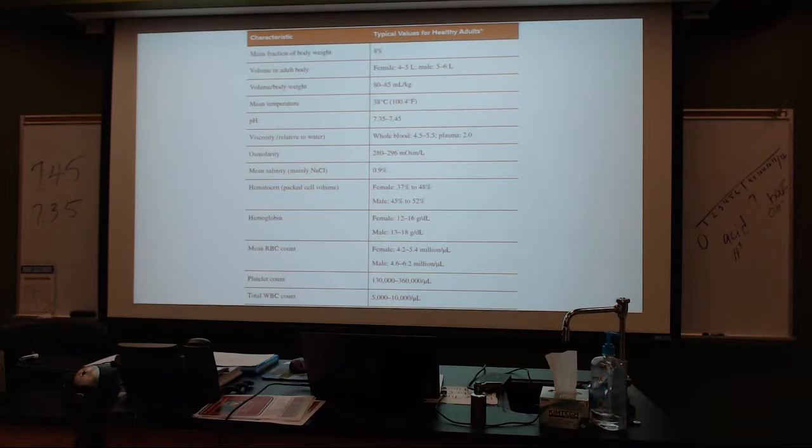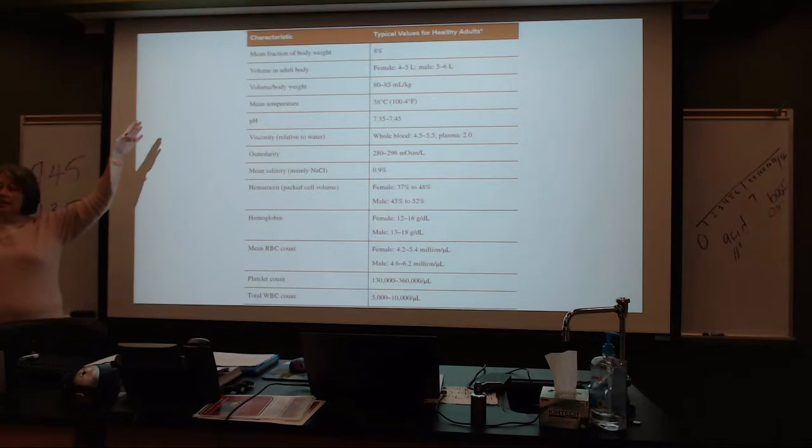So when we're looking at a blood sample from a patient, look at certain information that we can gain from it. About 8% of our body weight is blood. Like I said, in any given moment, we usually have about 4 to 6 liters.